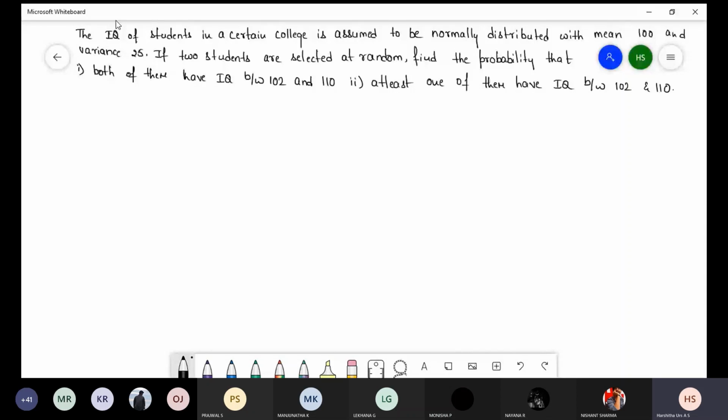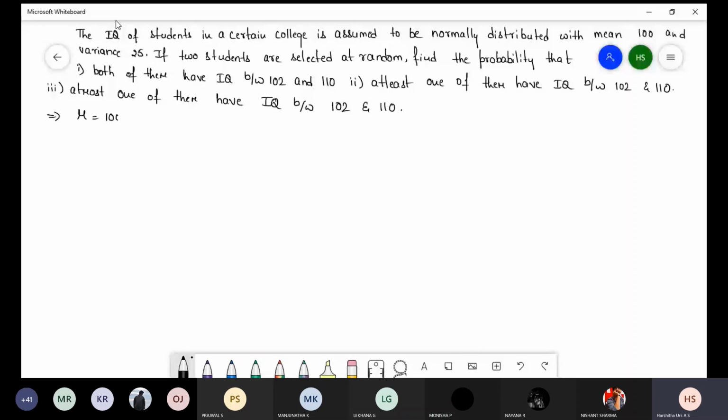Third one, at most one of them has IQ between 102 and 110. So here first we write the mean 100, and variance sigma square 25.